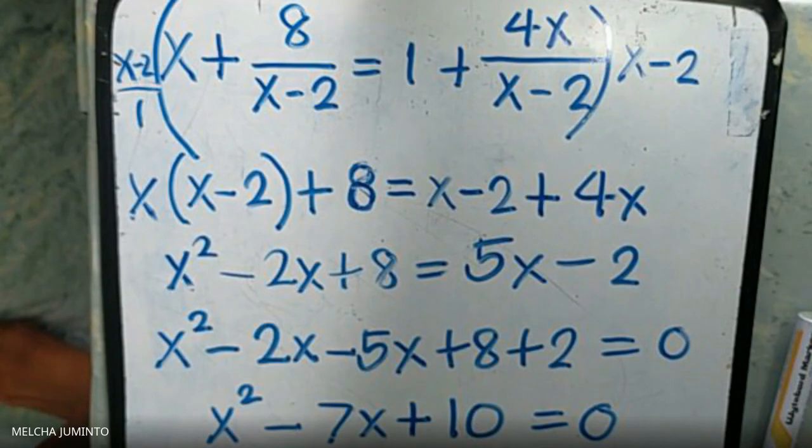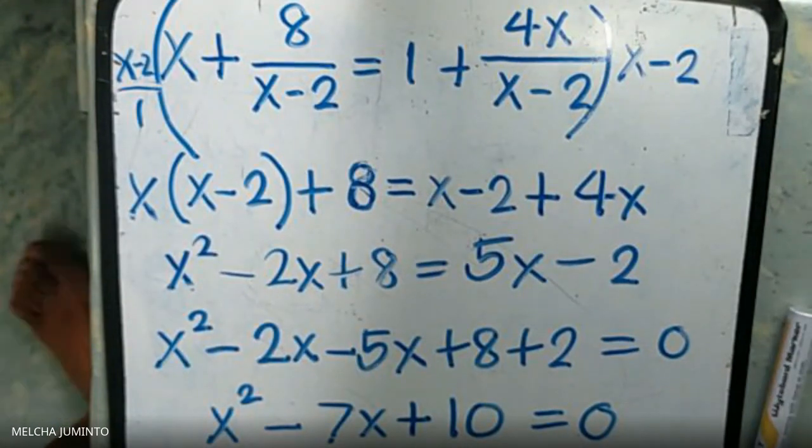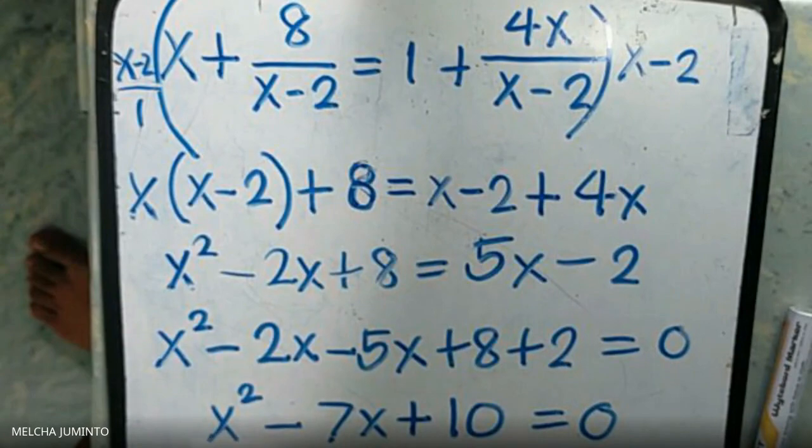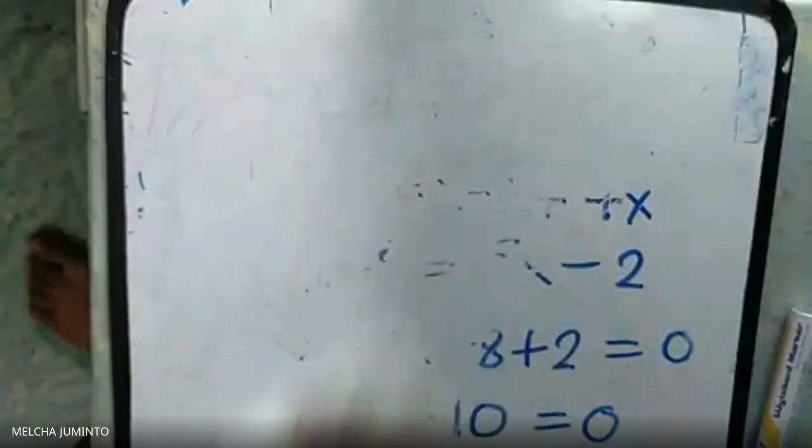So, we can now move on to sum and product. The lesson that we obtained last time, sum and product. Because as we all know, area is a product. And then perimeter is a sum.